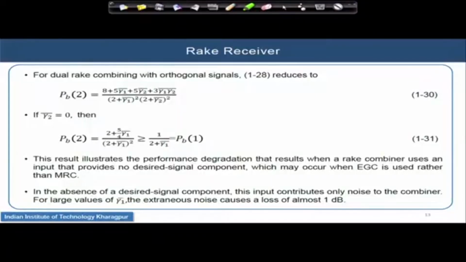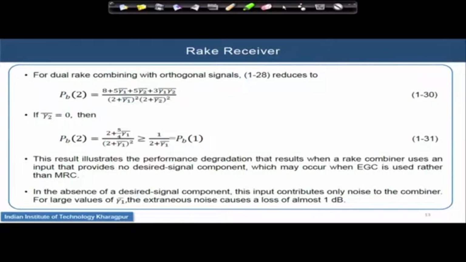And if the effective signal component is not detected at the output of the combiner, we signified the effect of the noise that leads to extreme changes, or how much loss can happen in the detection process. And we found that approximately 1 dB loss is expected in this situation.